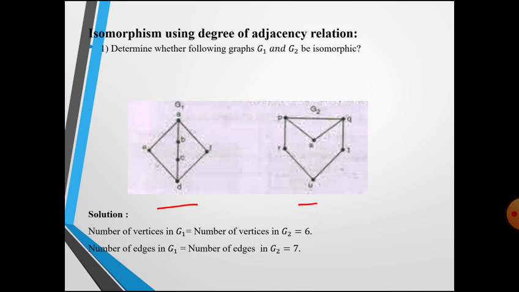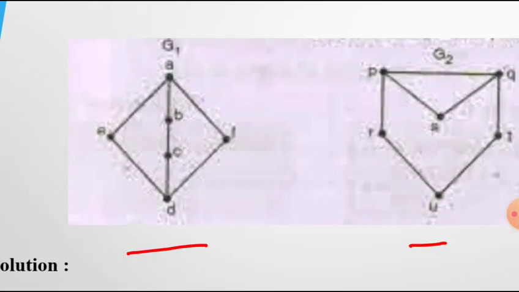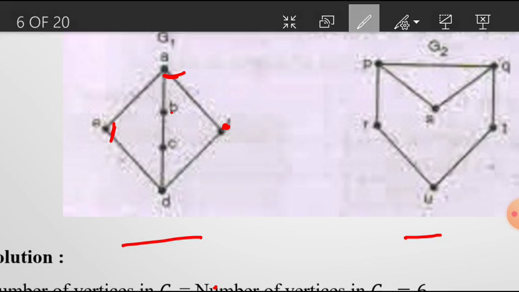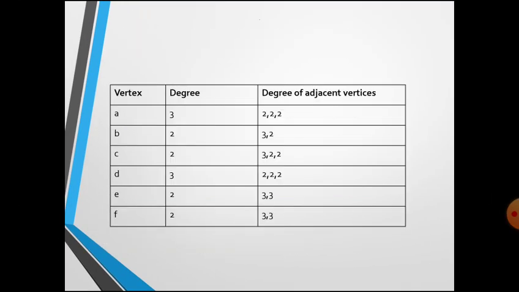Now for constructing the table for G1, we count the degree of each vertex. The degree of A is 3 and its adjacent vertices are of degree 2, 2, 2. Therefore, in the table, we summarize all vertices, their degrees and the degrees of adjacent vertices. A is of degree 3 and its adjacent vertex degrees are 2, 2, 2.